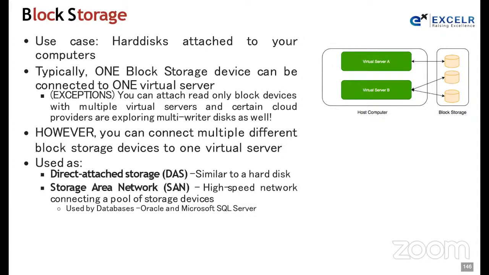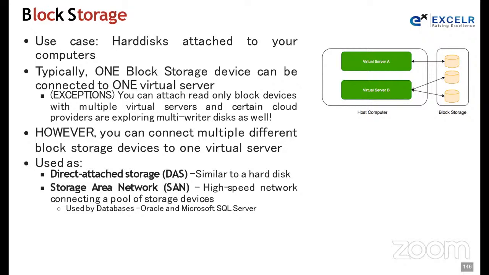Okay, so what are the use cases for it? One is, if you want to add a kind of hard disk to your virtual machine, then you go for something called direct attached storage. So this is directly attached to the actual virtual machine you are going to use.